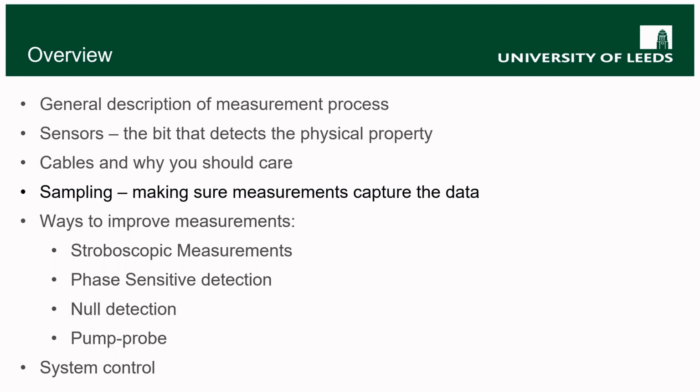We'll talk about ways you can improve measurements and several of the strategies that are commonly used across lots of different types of experiments. So these are things like stroboscopic measurements, phase sensitive detection, null detection schemes, and pump probe measurements. And then go on to look at system control.